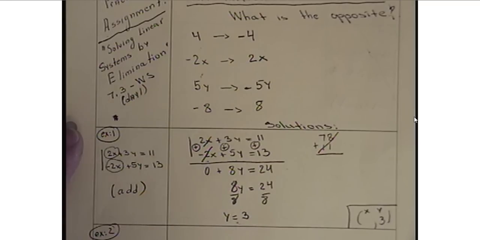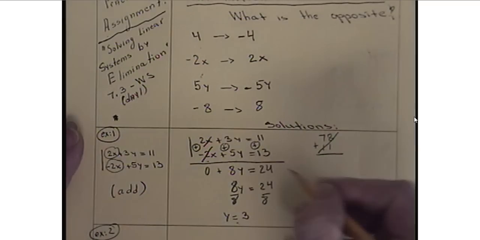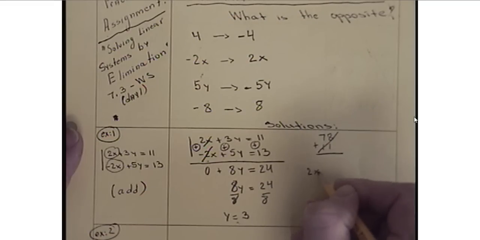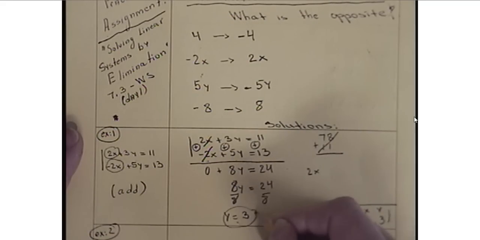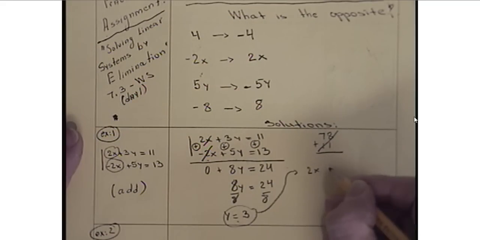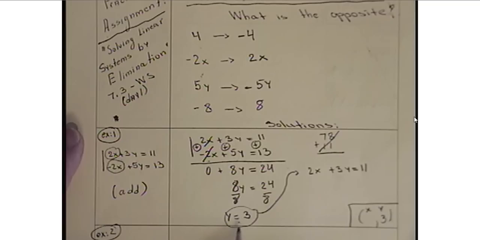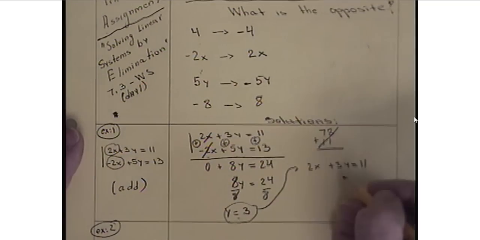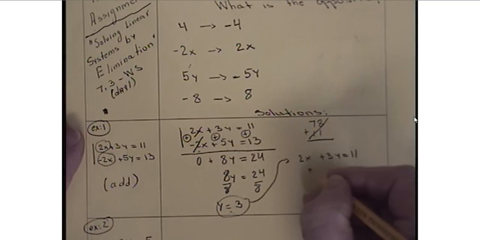Let's pick the first one. If I continue working with 2x plus 3y equals 11, we're going to substitute for variable y and put the number 3 here. So 2x plus 3 times 3 is the whole thing equal to 11.